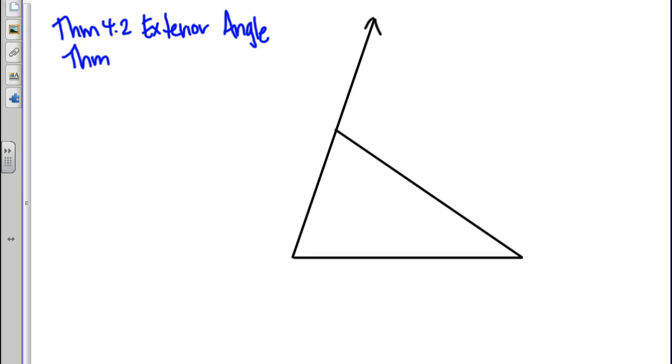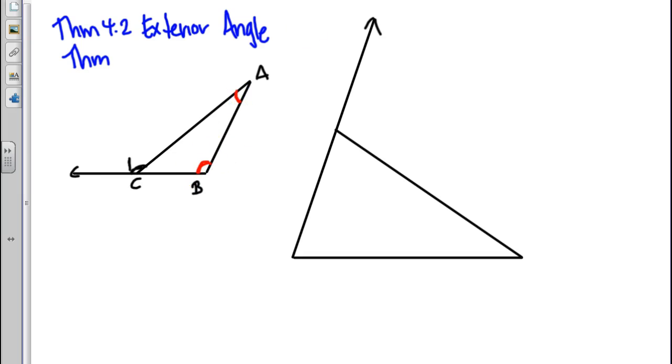So if I have a triangle that maybe looks a little something like this. Oh, sorry, that's something else. All right. C, B, A. If I'm talking about this exterior angle, so the exterior angle there, it is equal to the sum of these two.